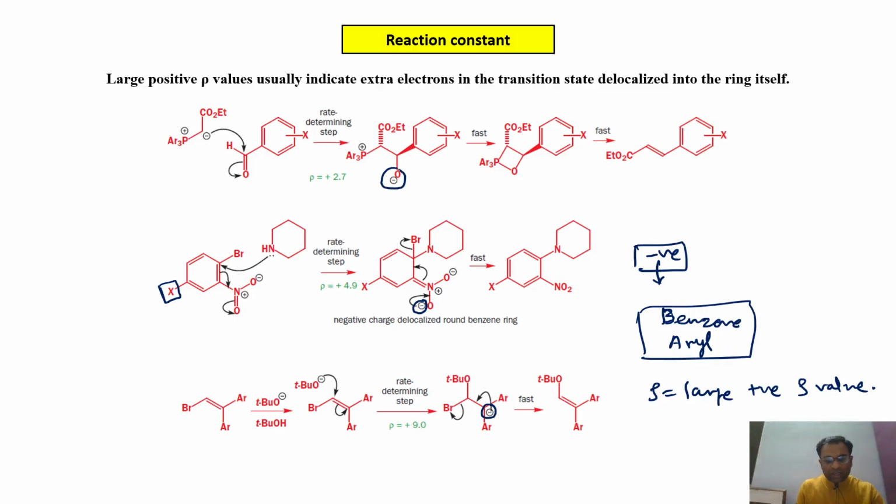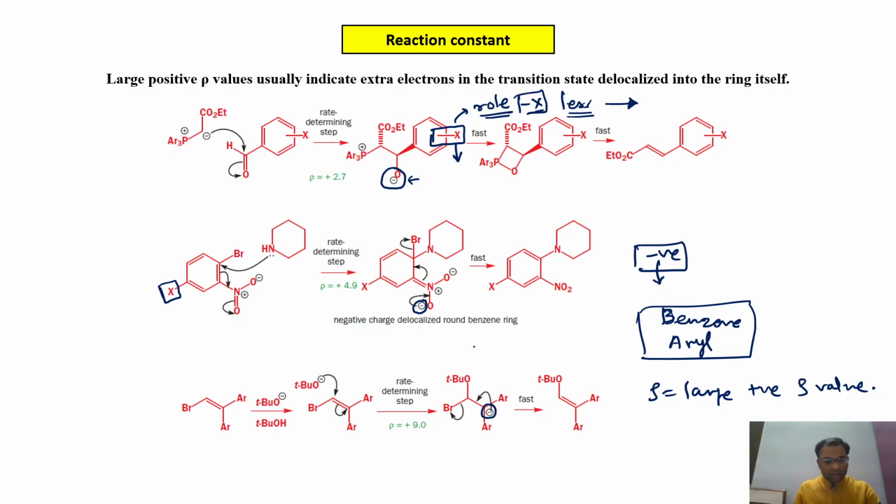When the formed negative charge is away from the benzene ring and not delocalized directly with it, the stabilization of this negative charge will not take place by this X. Therefore the role of this substituent will be less in stabilizing that particular intermediate, and the smaller the role of the substituent constant, the smaller will be the rho value.